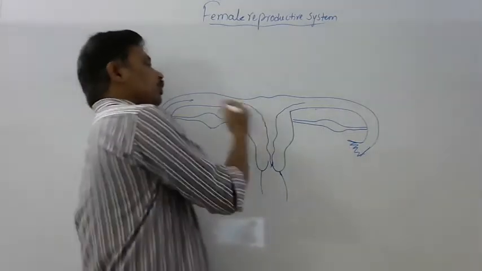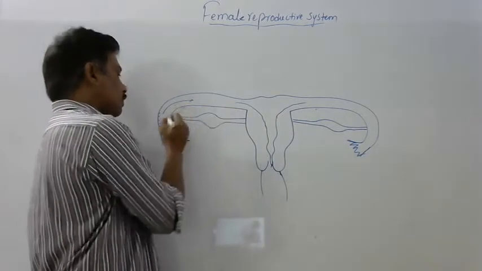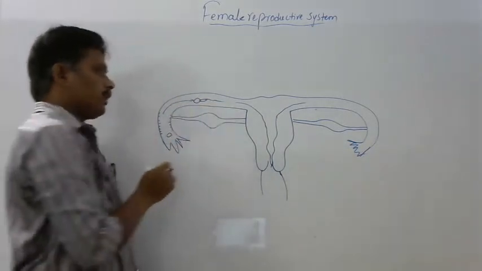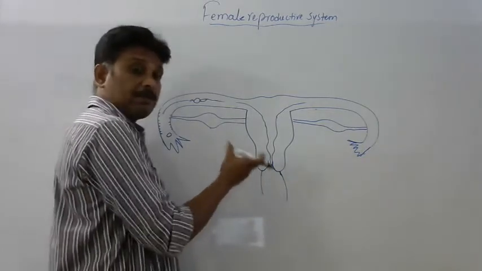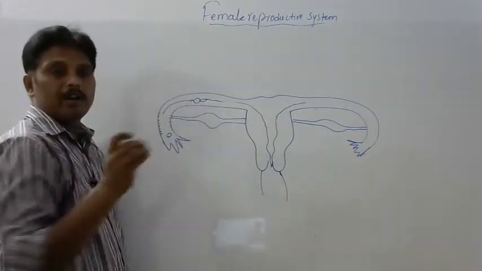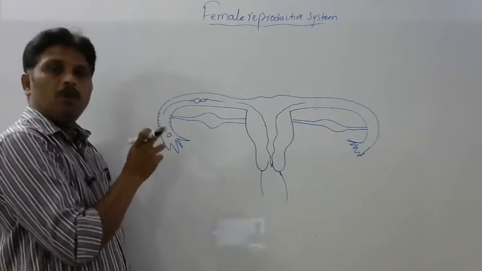That is why spermatozoa enter into both oviducts, and suppose the ovum is here, spermatozoa come and fuse with the ovum. Millions of spermatozoa are released, but only a few hundred can reach the ovum.